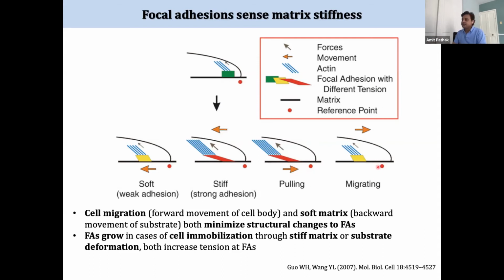And in a migrating cell, now this is both balanced. The force generated by the cell and the force supported by the ECM are in balance. Then the focal adhesion size is going to be moderate. It's not going to be either low or high. So these are different possibilities for focal adhesion forces to exist and how they will grow or dissociate.